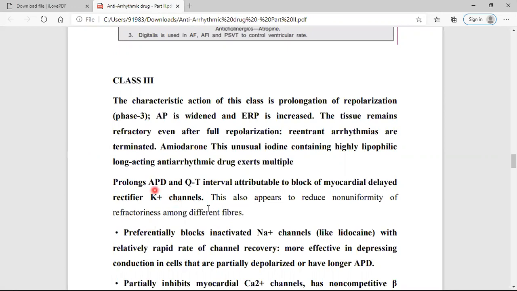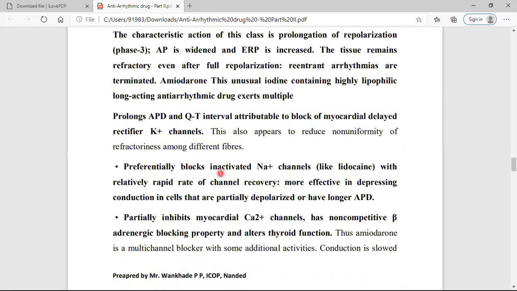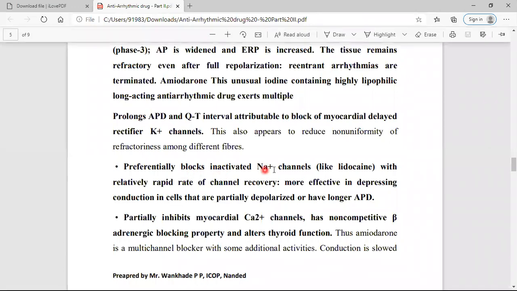Along with blocking the potassium channel, it also blocks the inactivated sodium channel, just like lidocaine. It blocks the inactivated sodium channel with a relatively rapid rate of channel recovery, and is more effective in decreasing conduction in cells that are partially depolarized or have longer action potential duration. So it blocks the sodium channel, and hence conduction is blocked.